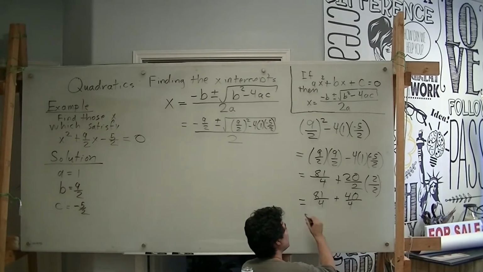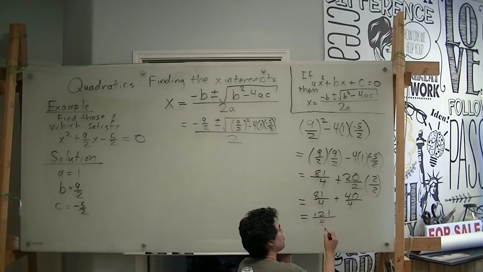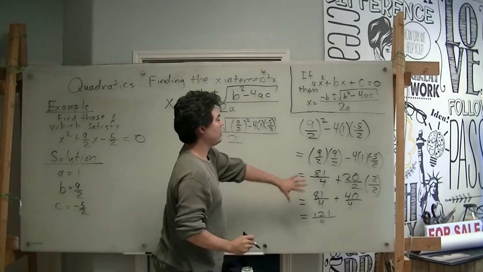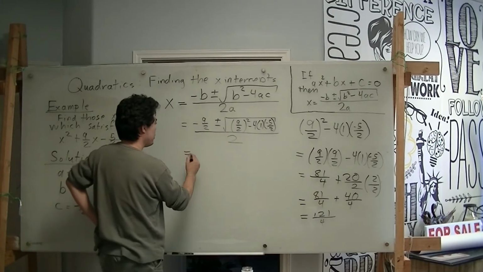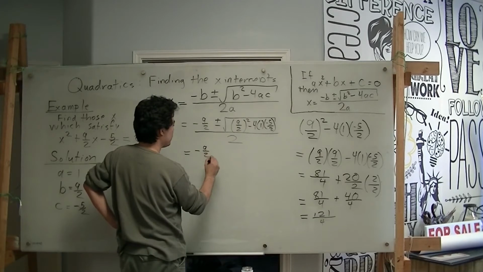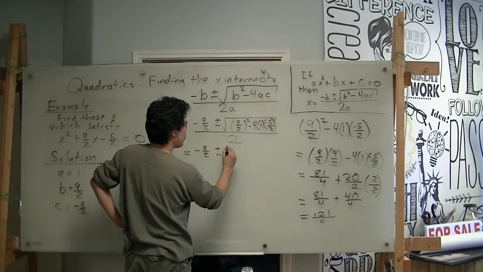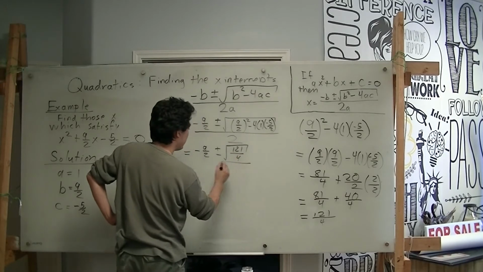And this then gives us, when we add up the 81 and the 40, 121/4. So we can now take this calculation that we did over here, and we can rewrite that over here. And that is the following. Negative 9/2 plus or minus the square root of 121/4 divided by 2.